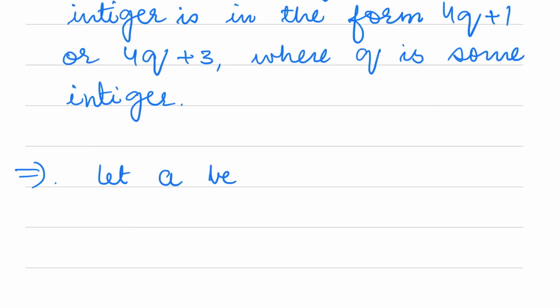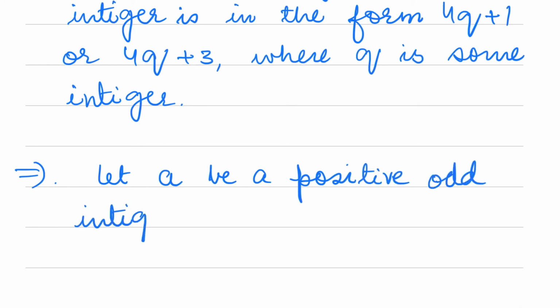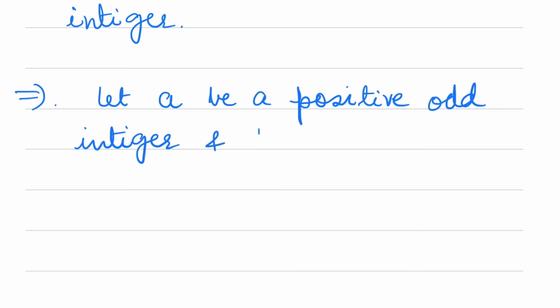Let a be a positive odd integer and b is equal to 4.